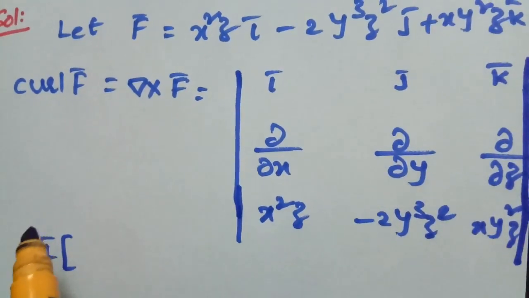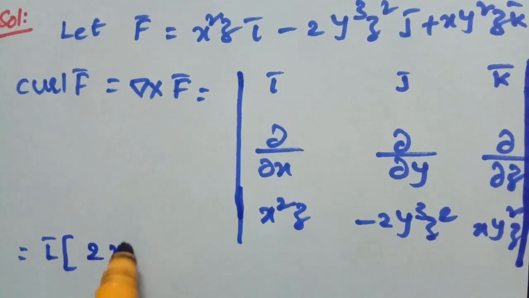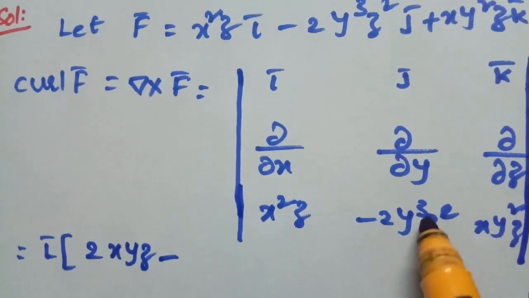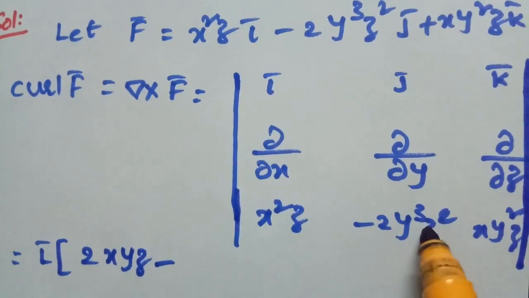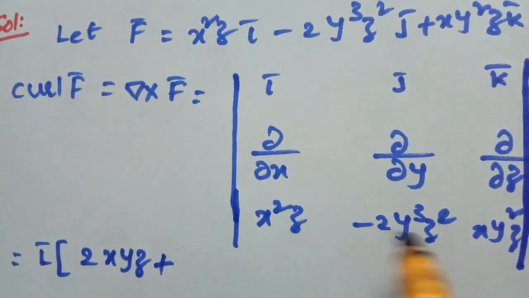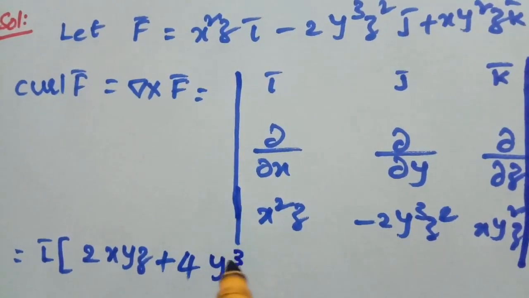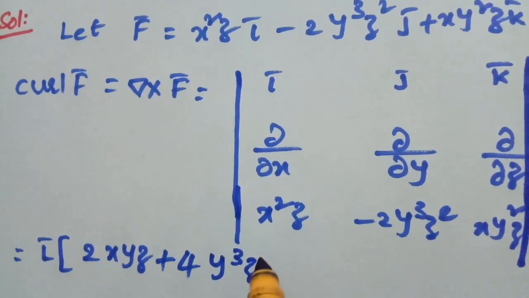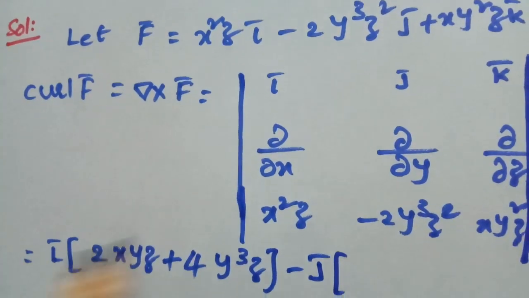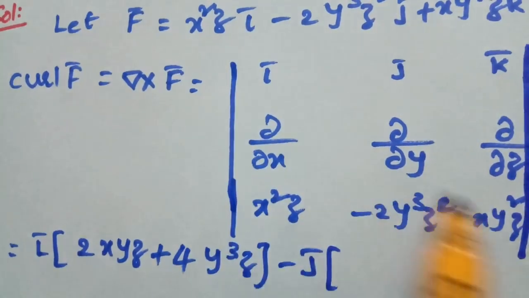Therefore, derivative of y square is 2y, so 2xyz, minus dou by dou z of this one, minus 2y cube is a constant, minus of minus plus, z square derivative 2z. Therefore, this is 4y cube z.